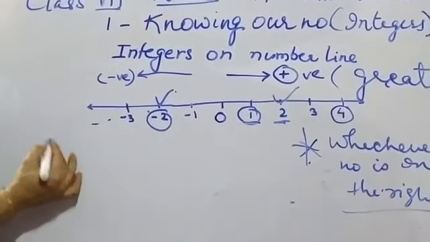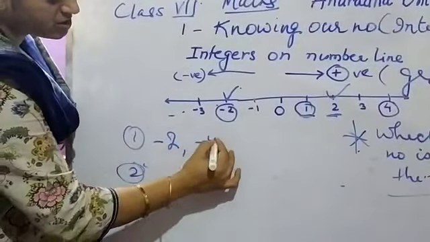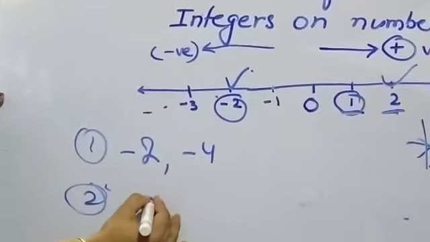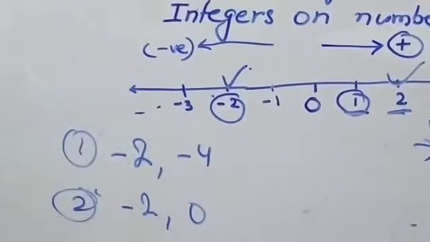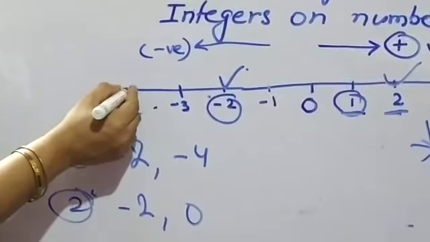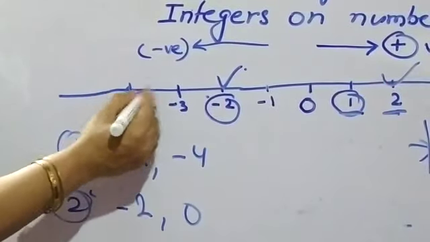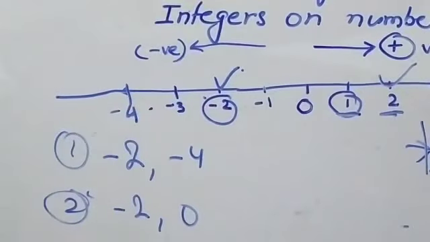Here I have written, you have to compare these two. Minus 2 and minus 4. Then minus 2 and 0. Let's see on the number line. Minus 2 and minus 4. Where is minus 4? It's not drawn here. Minus 2, minus 3, then minus 4.